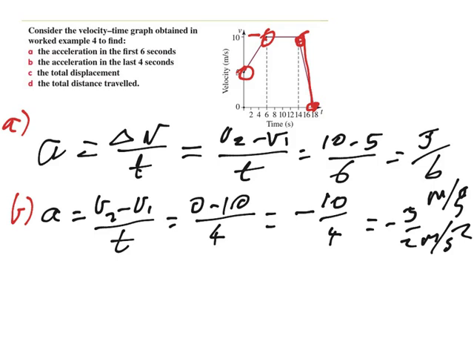Alright, it says now, part C, the total displacement. So displacement is the area underneath the graph. So our displacement is all of that in there.